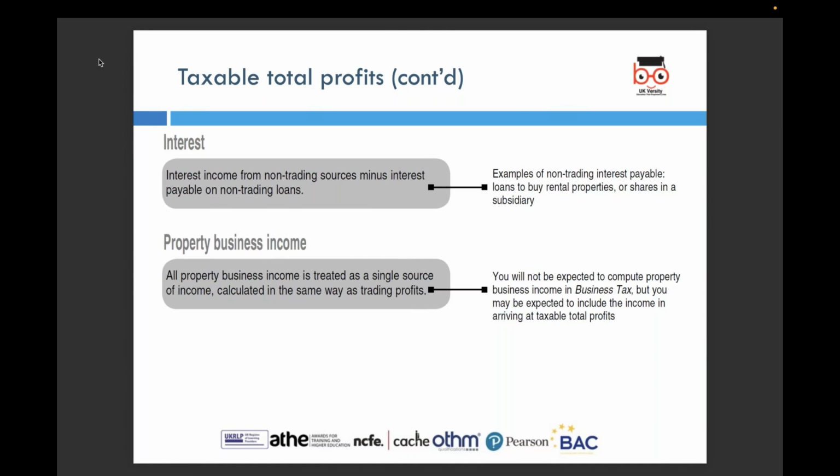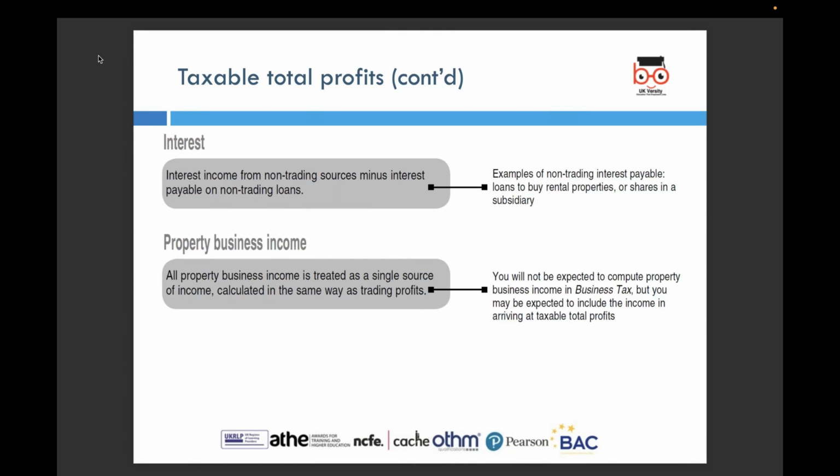Then we discussed the scope of inheritance tax. Inheritance tax is a tax payable on certain transfers of value made by an individual before or after death. Then we were discussing corporation tax, which is a tax on the profit of companies and other entities in the UK.